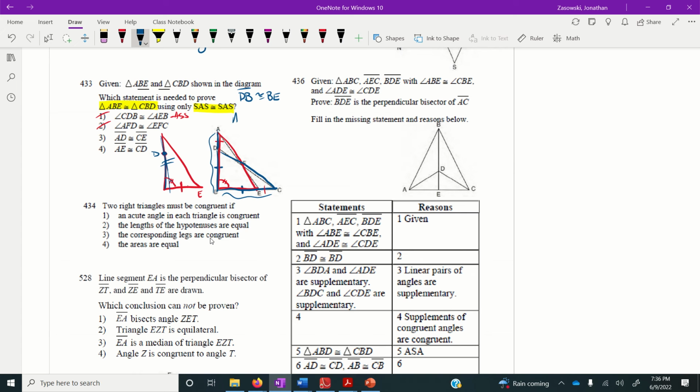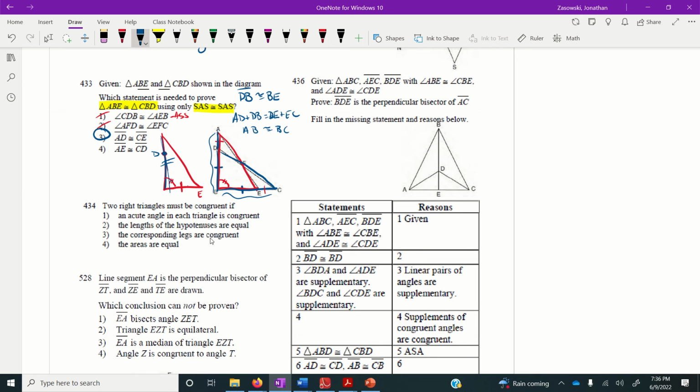What we need to do is add AD plus DB equal to BE plus EC, and that would give us AB congruent or equal to BC. That would be these two sides. And that gives us side, angle, side. So this would be an option, would be congruent, correct?